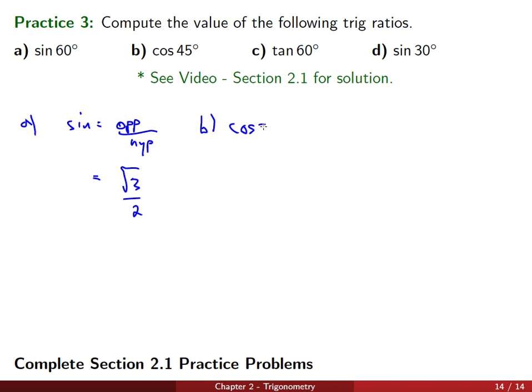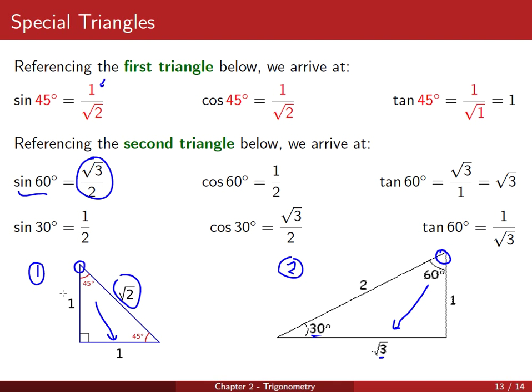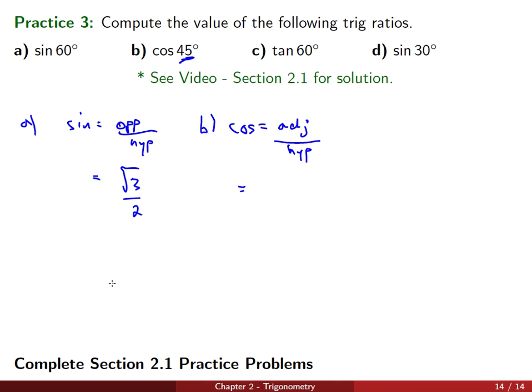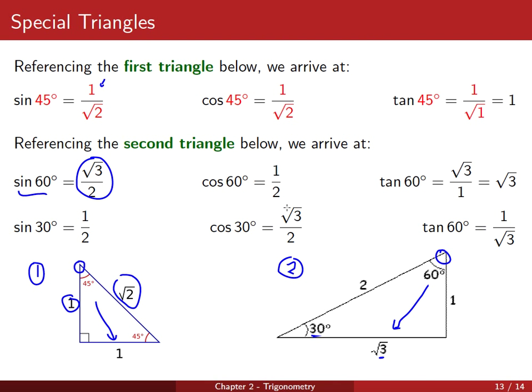Well, cos is adjacent over hypotenuse. We're dealing with a 45-degree triangle this time. Remember, 45-degree triangle. Okay, you can draw it, but you're looking back, 45 degrees, and cos would be 1, that's adjacent, over √2. By the way, you have the answers to all these because I think I listed every single possibility right here.